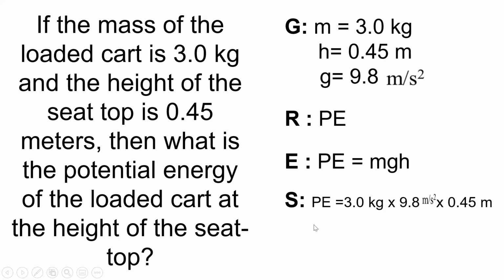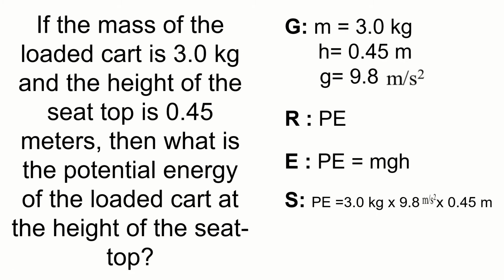Solution, isa-substitute natin yung mga values na given. So, potential energy is equal to mass which is 3.0 kg times 9.8 meter per second squared, which is the acceleration due to gravity, times height which is 0.45 meters. Then do the computation, pwede kayong gumamit ng calculator.